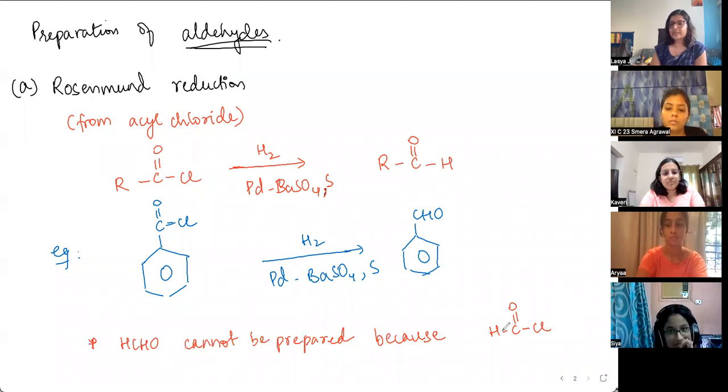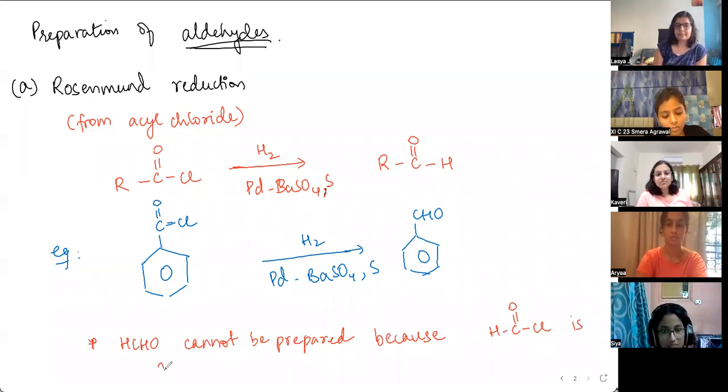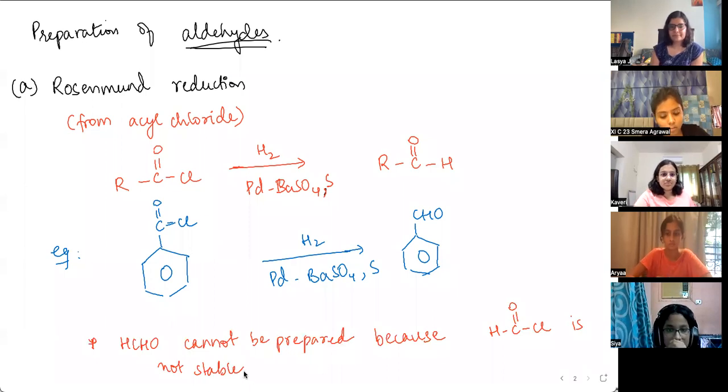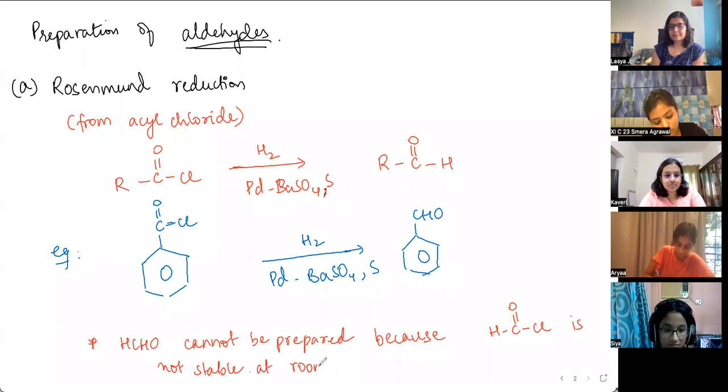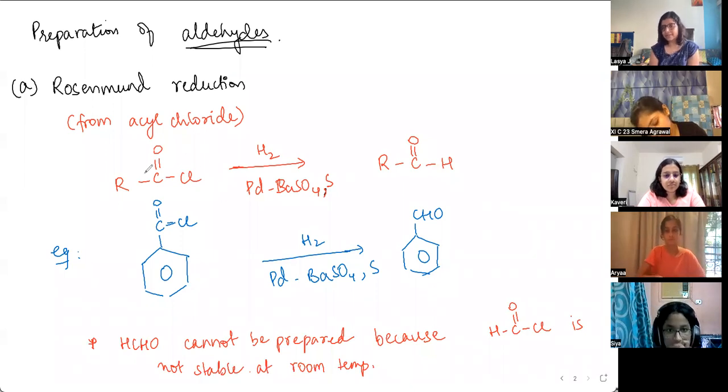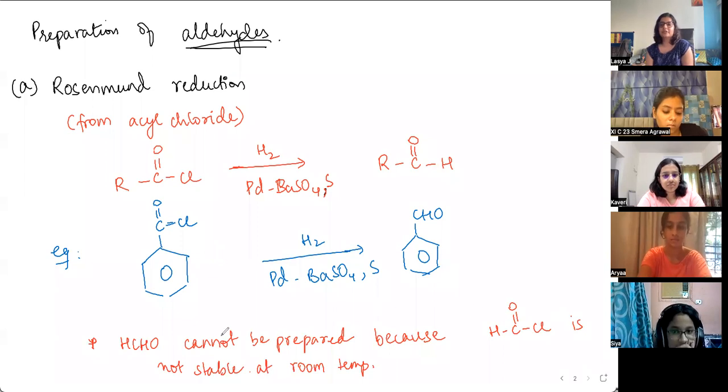This particular HCOCl is not stable at room temperature. So when you're starting, the chemical itself is not stable, it's going to break down, and you won't be able to undergo this whole reaction.